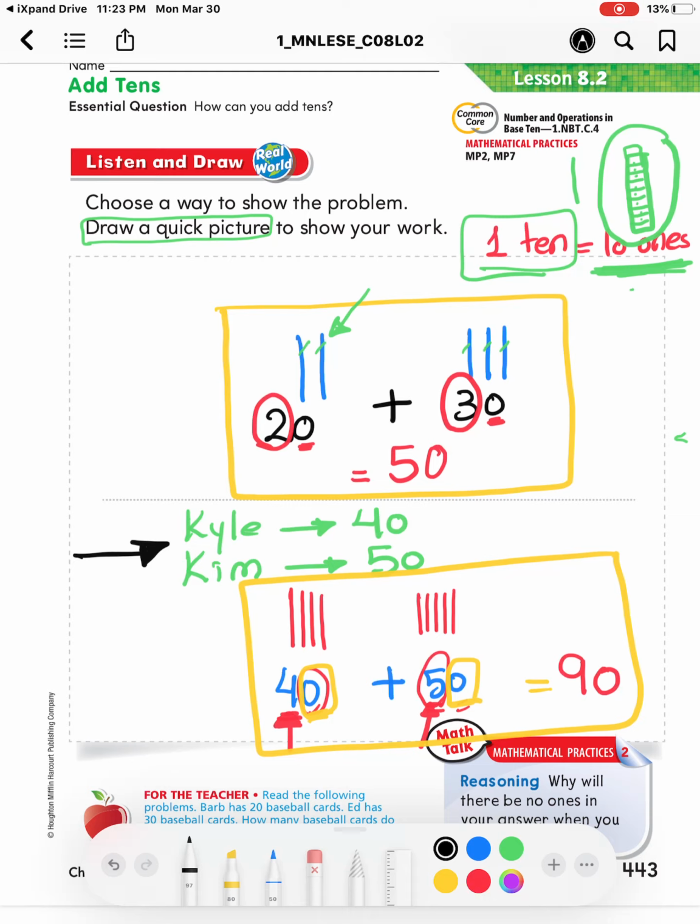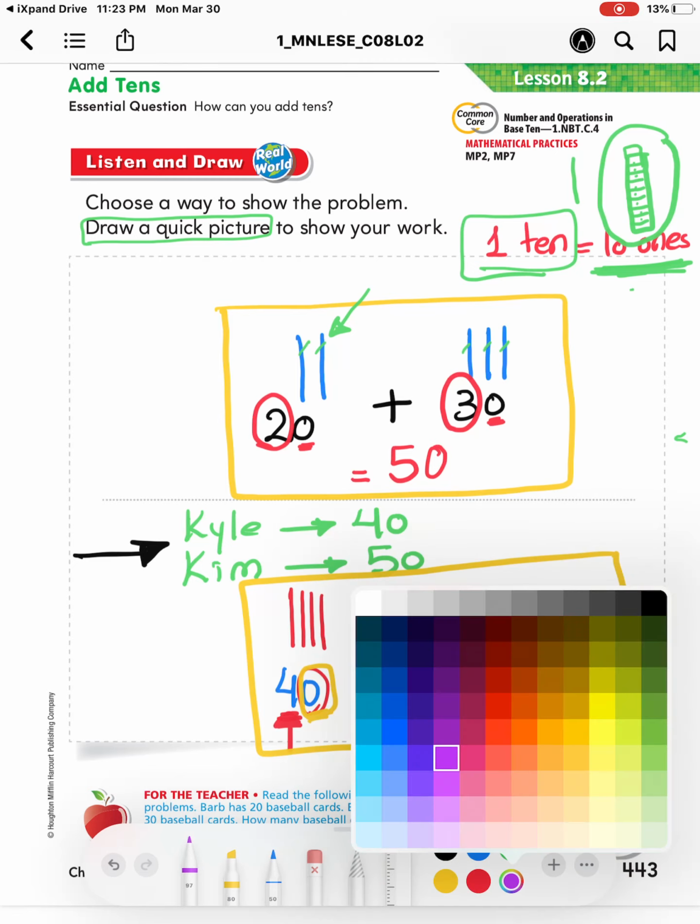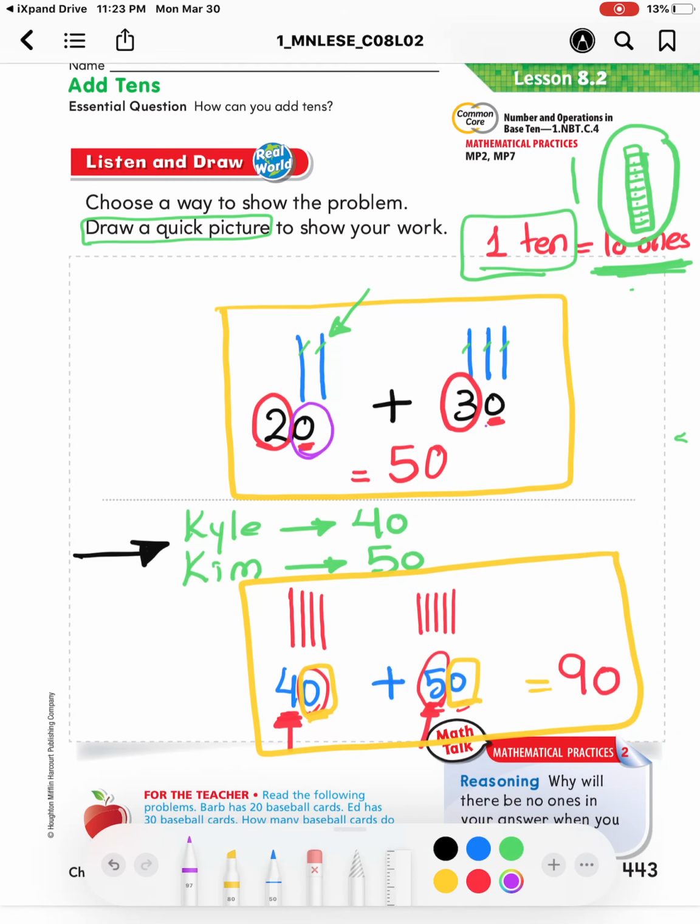Okay? So as you see here, we are adding the tens. And we focus on the tens. Why? Because the ones is 0. In this example, the ones here is 0. So we focus on the tens and we add the tens like we did here. 2 plus 3 equals 5.